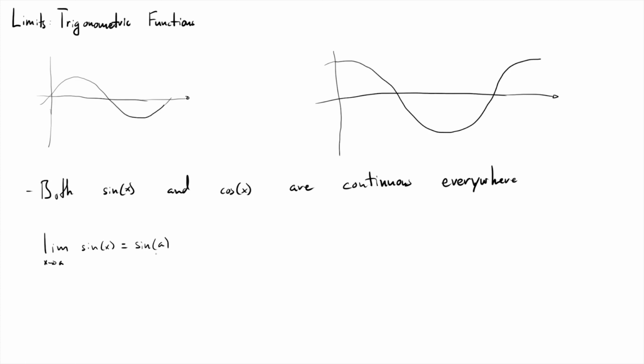Whatever answer I get, that's my answer. Similarly, since cosine is also a continuous function, the limit as x approaches a of cosine of x is just going to be equal to cosine of a. So pretty simple for sine and cosine.